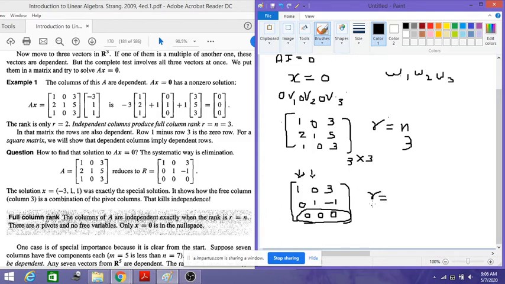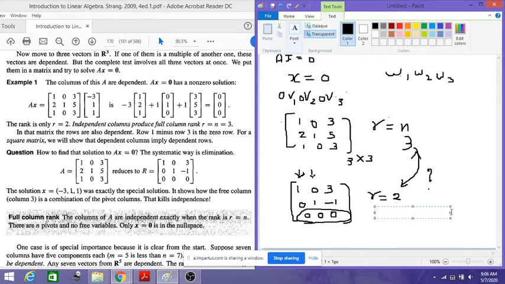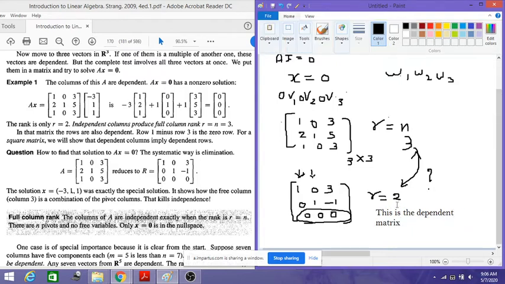Since there are only two pivots, the rank of the matrix is equal to 2. Is this an independent matrix? No, this is not an independent matrix. This is a dependent matrix, because the rank of the matrix is not equal to the number of columns.